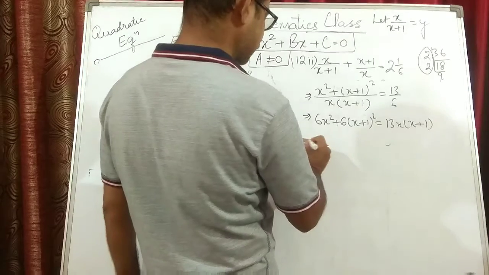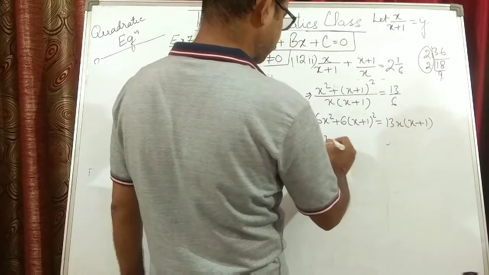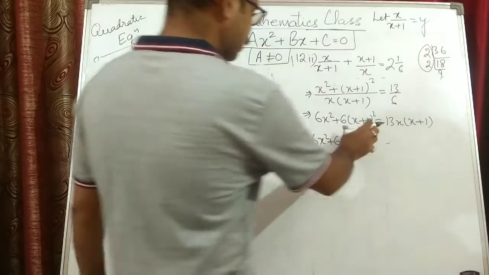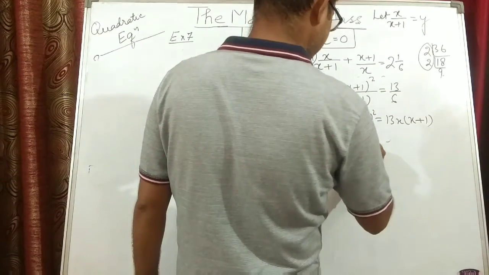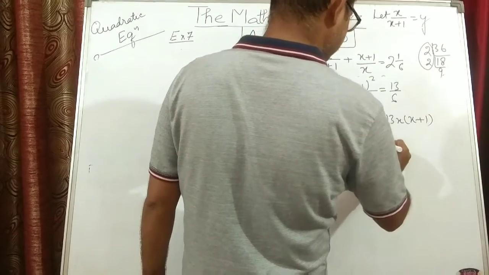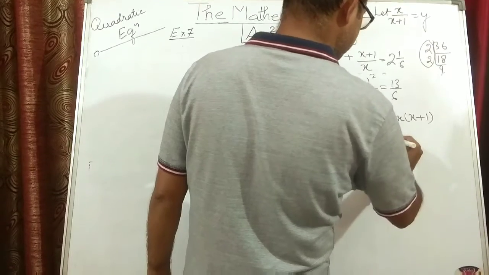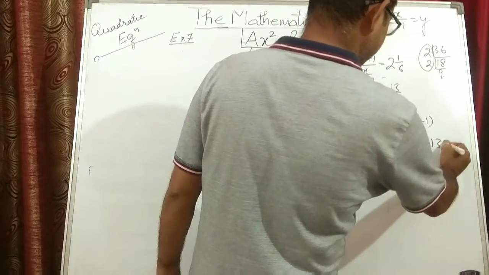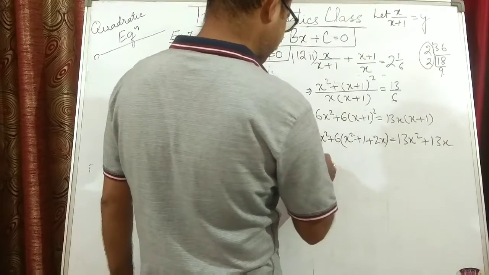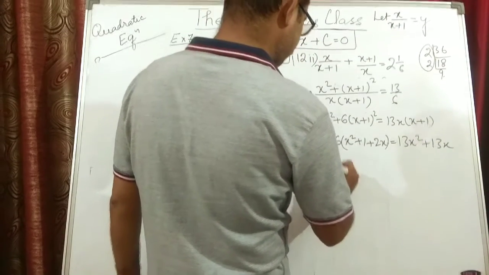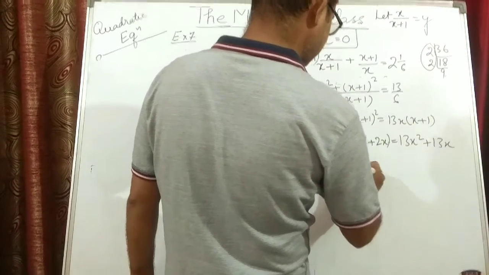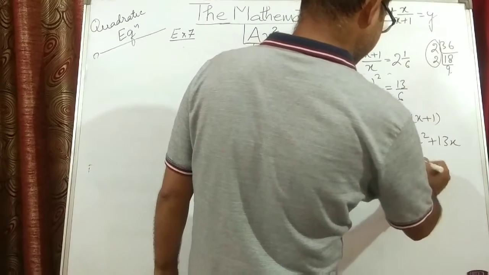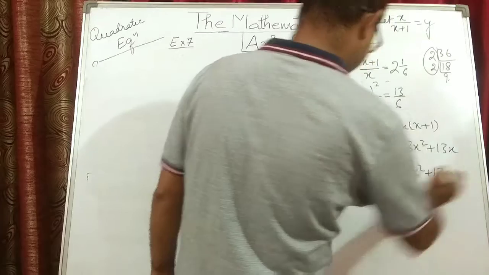Now, you know a plus b whole square is a square plus b square plus 2ab. So this is equal to 13x into x is 13x square plus 13x. When you open the bracket, you will get 6x square plus 6x square plus 6 plus 12x is equal to 13x square plus 13x.